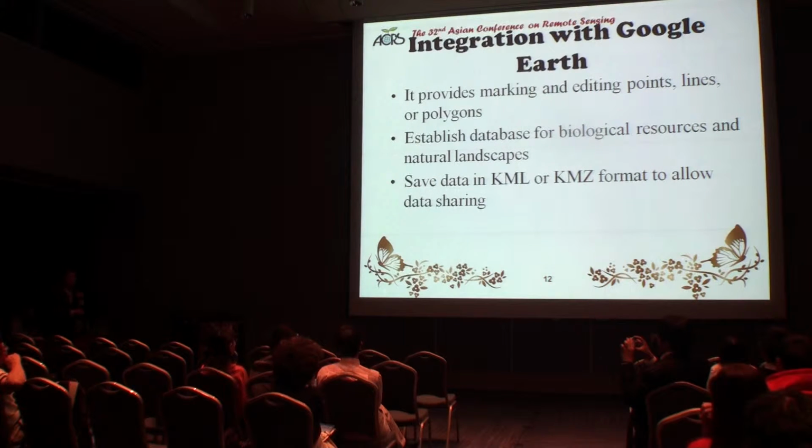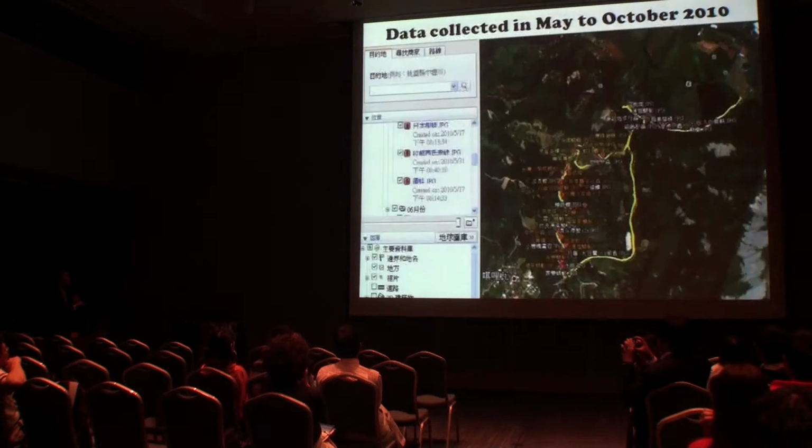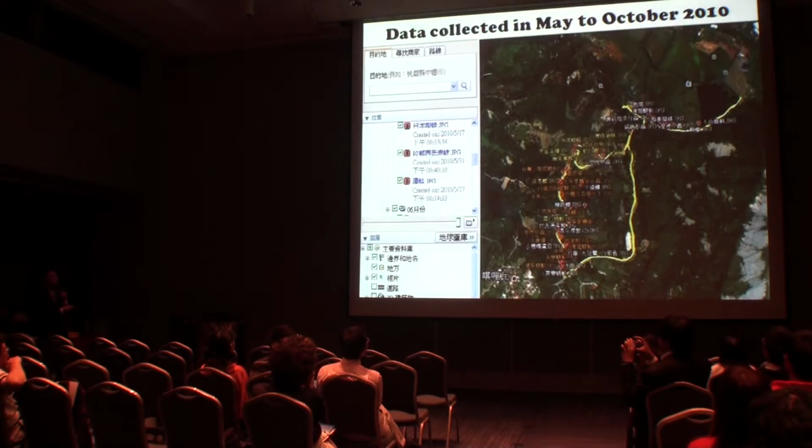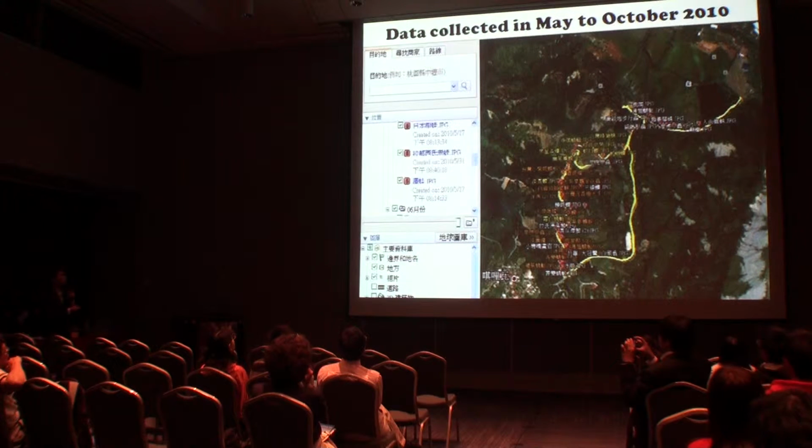When we finish editing all the data, they can be saved in KML or KMZ format to allow data sharing with all users. The picture shows the biological resources data collected from May to October 2010, which was investigated by the local residents.